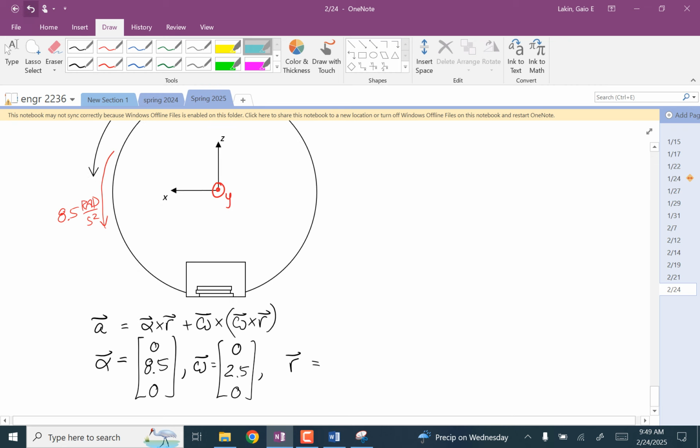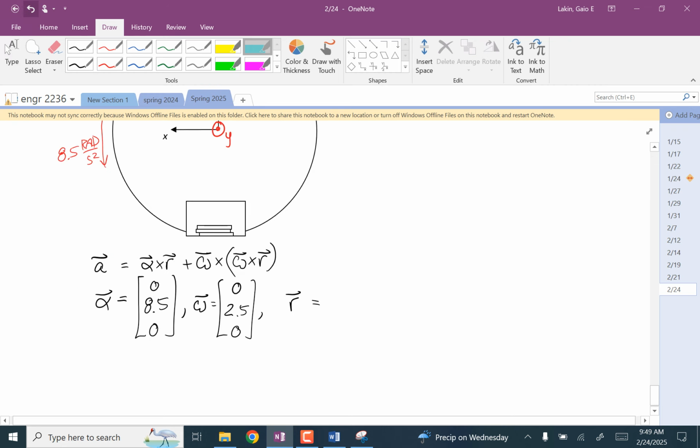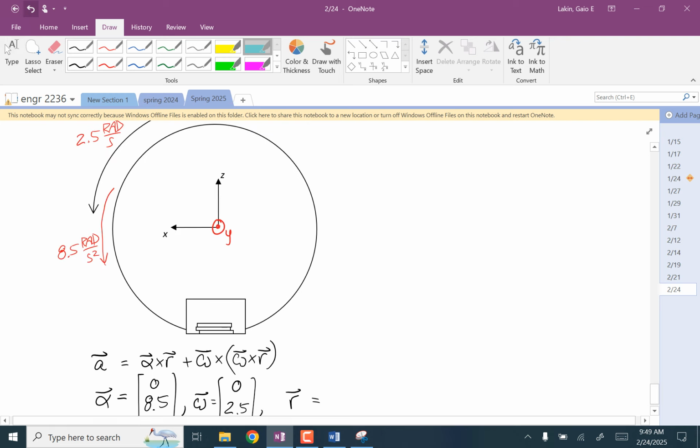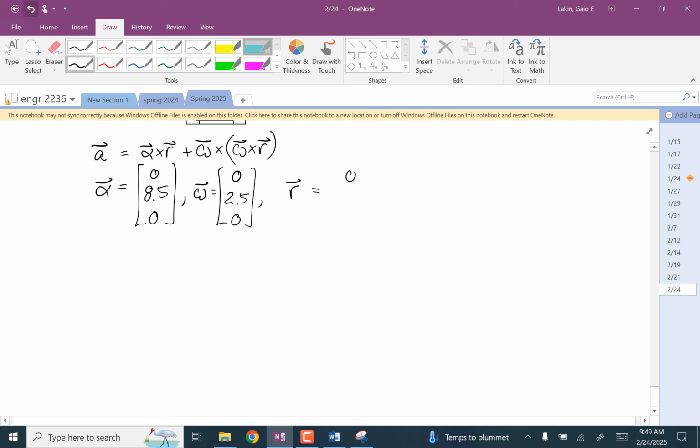R is equal to, the radius is 6 meters. You know, the thickness of a book tends to be pretty small compared to 6 meters. And that goes from the center of the circle to where the books are, so that's in the negative z direction. So 0, 0, negative 6.